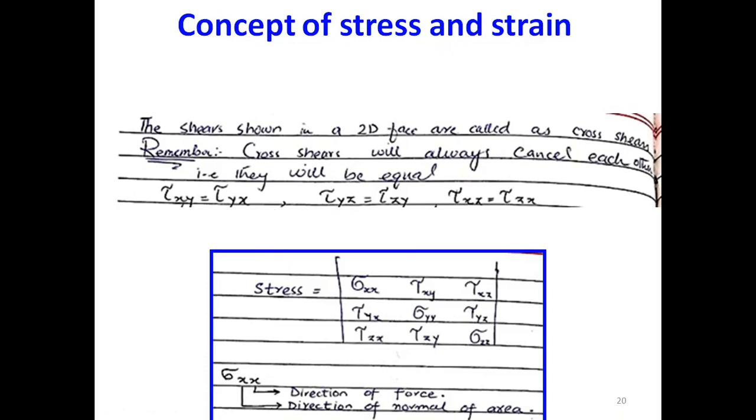So another very important conclusion is that the cross shears are always equal.